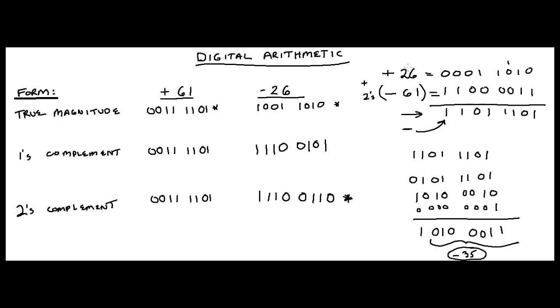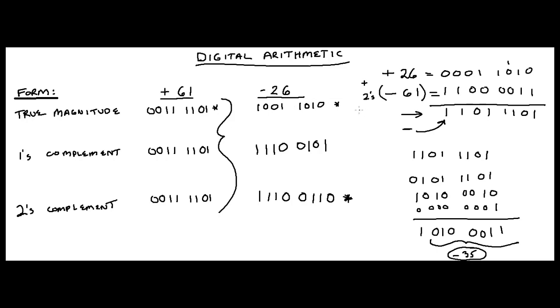So those were two examples where one result was positive, and you had another one where the result was negative. Just remember, if your result is positive, you don't have to change it, because the 1's complement and 2's complement are all the same as your positive number.